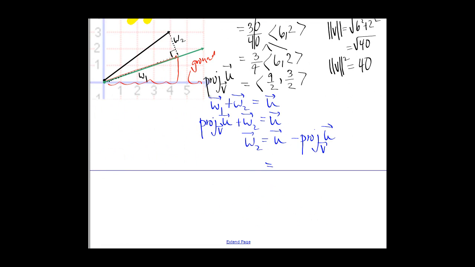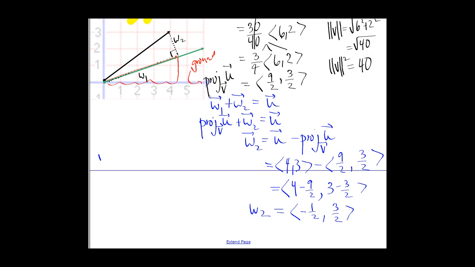Plugging in numbers, vector u was still 4, 3, minus the projection 9 over 2, comma, 3 over 2. So subtracting, we get, let's see, 4 minus 9 over 2, comma, 3 minus 3 over 2. Let's see, 4 minus 4.5 is negative 1/2. 3 minus 1.5 is 1.5, or 3 over 2.